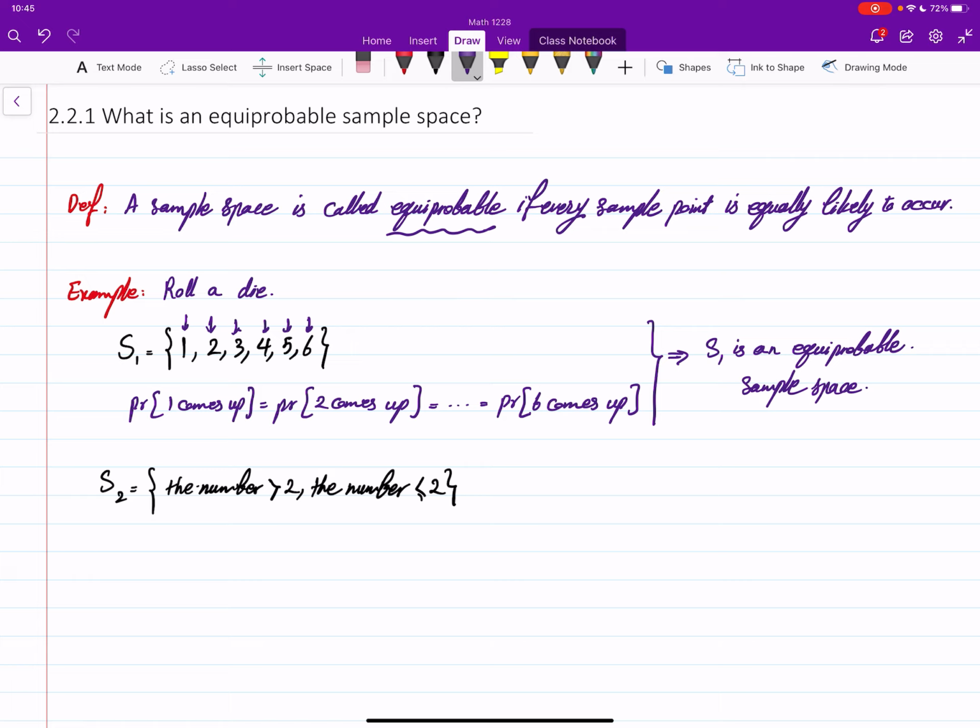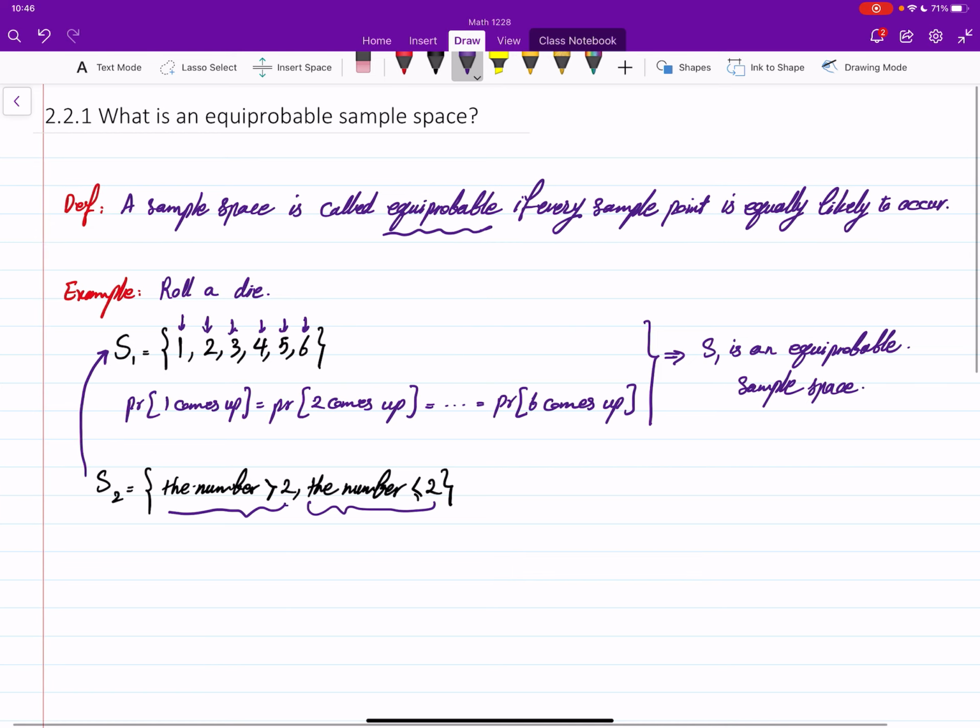To decide, we have to see how likely the first sample point is to occur, and how about the second one? Are these equal or not? To determine that, one way, and you will see that we will repeat this over and over again, if you have a big enough equiprobable sample space, in this case we already have the list of all possible outcomes, 1, 2, 3 up to 6. This was an equiprobable sample space.